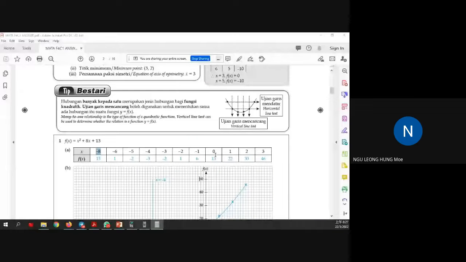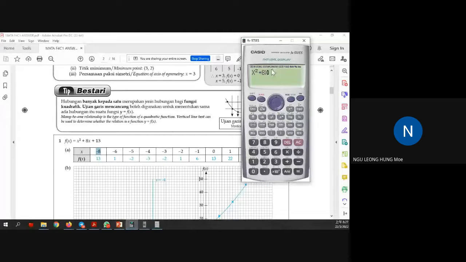I try again. Okay. So I use this white color calculator, because it's actually the same one.